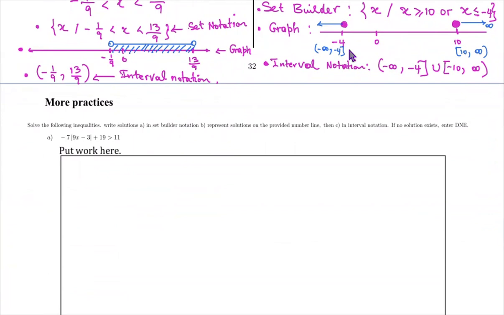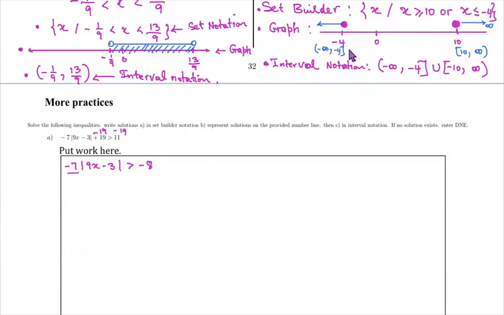Let's go with the first example. We have negative 7 absolute value of 9x minus 3 plus 19 is greater than 11. Now, if we subtract 19 on both sides, we have negative 7 absolute value of 9x minus 3 is greater than negative 8.